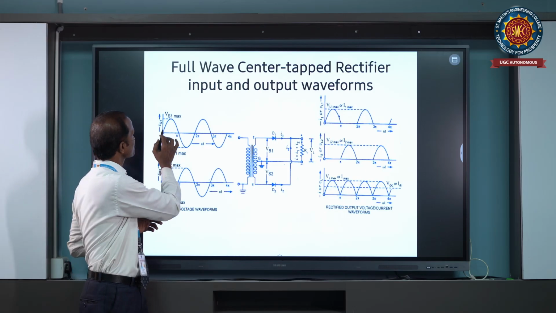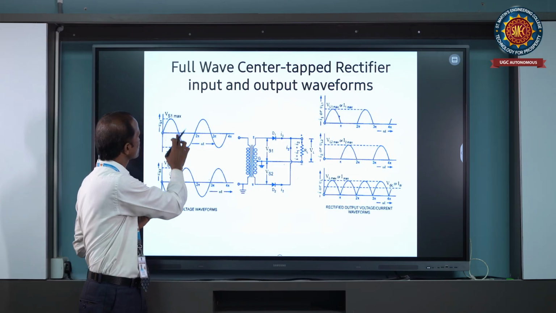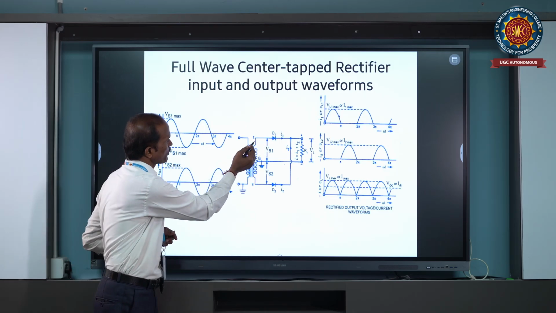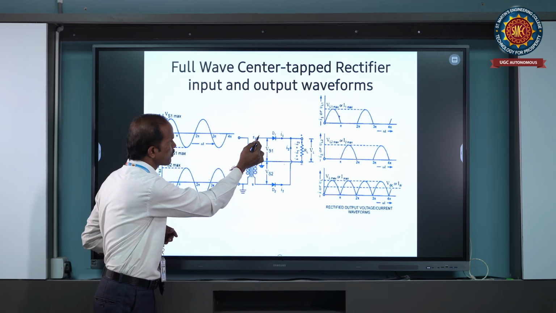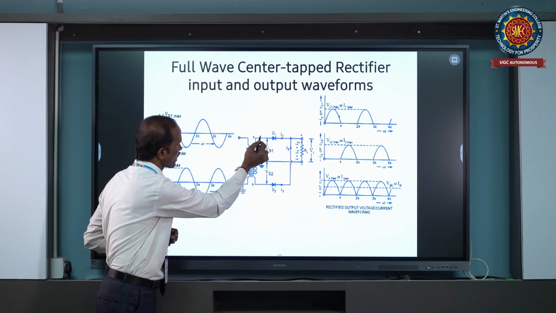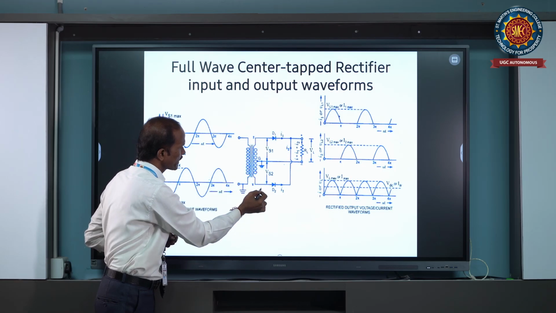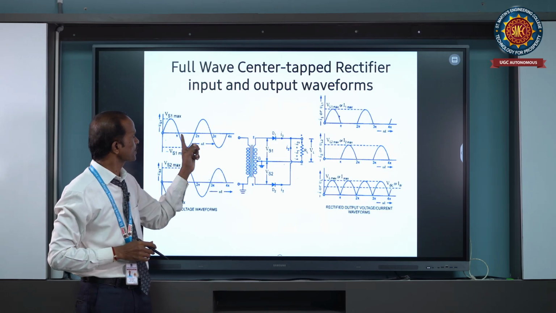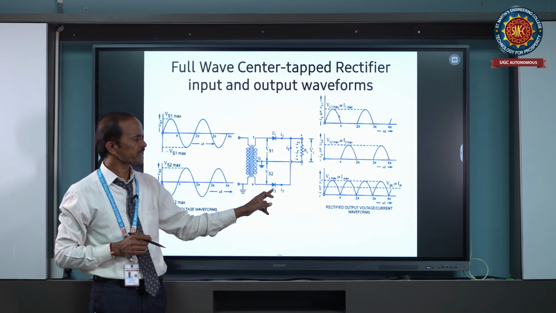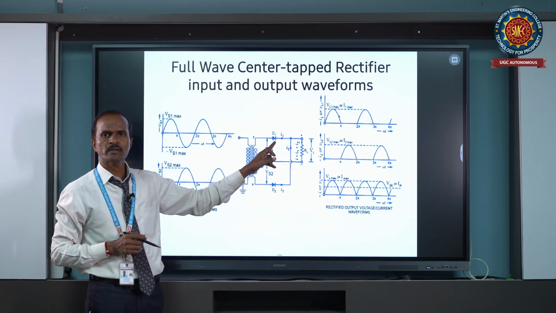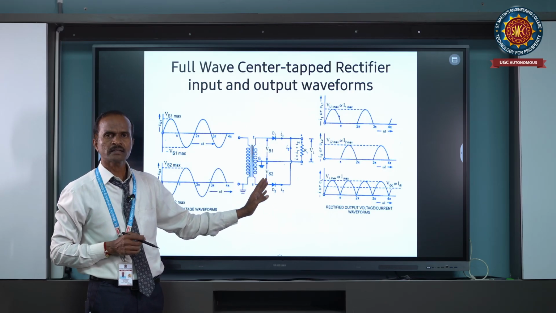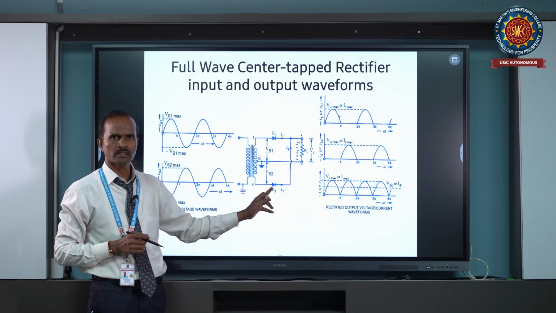Now during the positive half cycle of the input, the polarity of the secondary winding becomes positive at the top winding, so the lower winding becomes negative. Diode D1 is in forward bias condition and diode D2 is in reverse bias condition. In forward bias, diode D1 acts as a short circuit and D2 acts as an open circuit, meaning no current passes through diode D2.